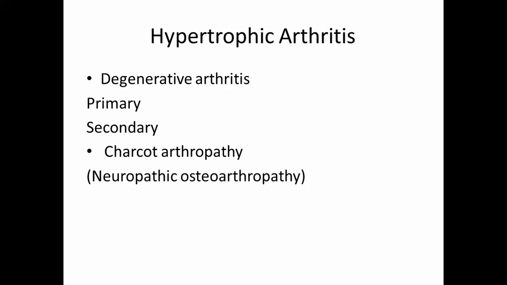Trauma can be complicated by secondary degenerative arthritis, but at the same time we have the primary degenerative arthritis of the old females mainly. The second item in hypertrophic arthritis is the Charcot arthropathy, which is characterized by increased density and sclerosis, and that's why it is included here.